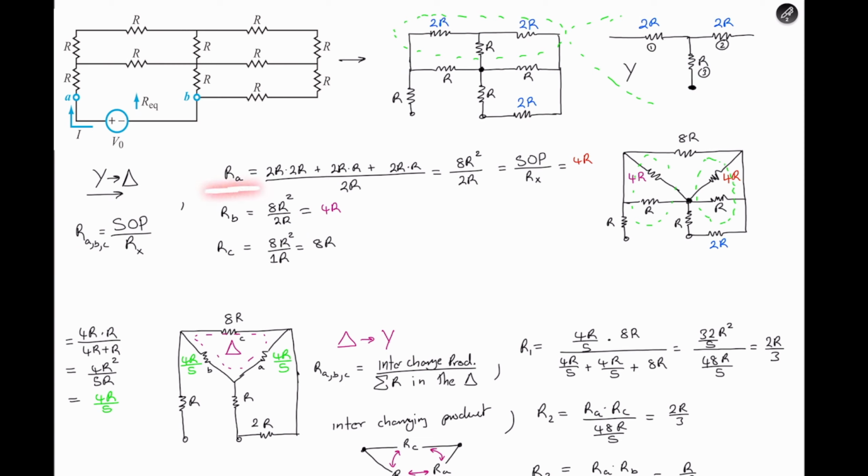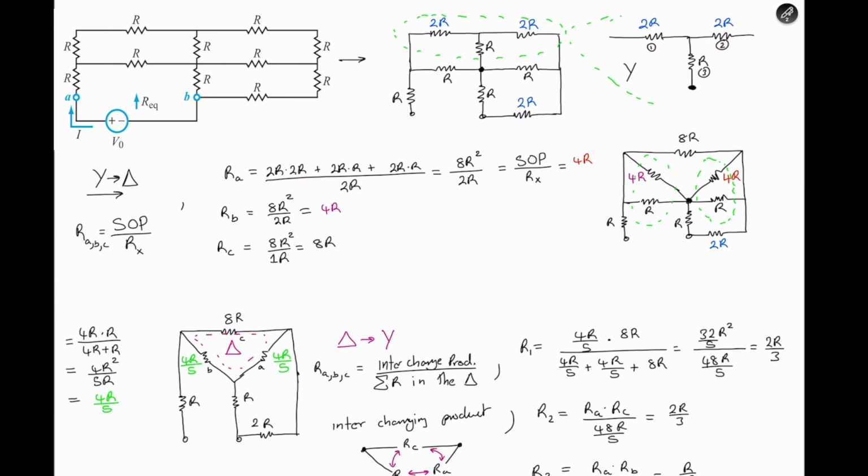So RA in this case, going from Y to delta, the sum of the products for the Y configuration is R1 times R2, which is 2R times 2R.